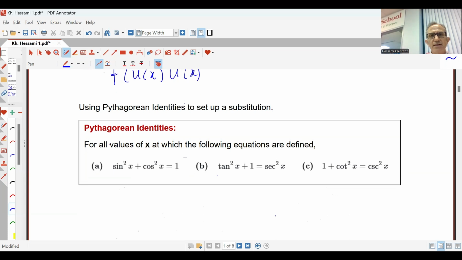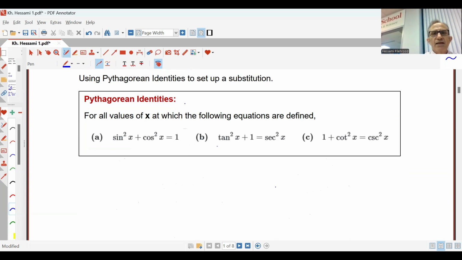If you notice, the second identity follows from the first one by dividing all sides by cosine square of x. If we divide all sides of the first identity by cosine square of x, we get the second identity.